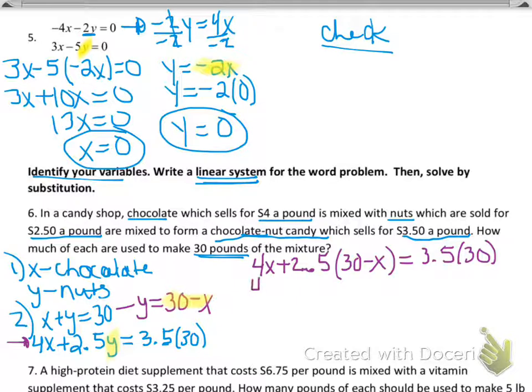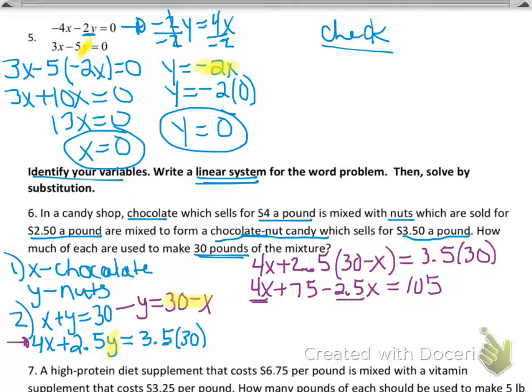All right, so then to continue solving this the same way, 4x and then 2.5 times 30 is 75. 2.5 times x, negative 2.5x, and then equals 3.5 times 30 is 105.